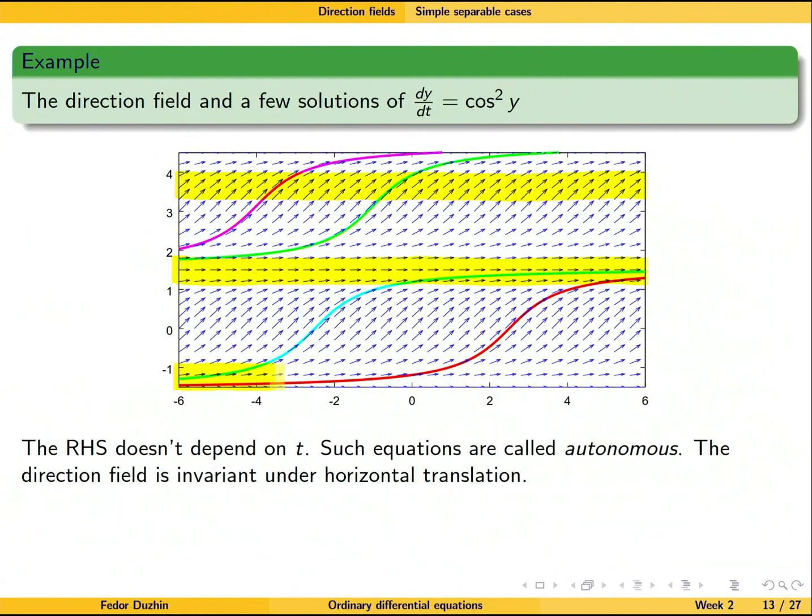At all these arrows, they're all the same. Or you can see it as if there are two copies of it, one on transparency, another on paper, and if you move the one on transparency to the left or to the right, then the direction field is not going to change.